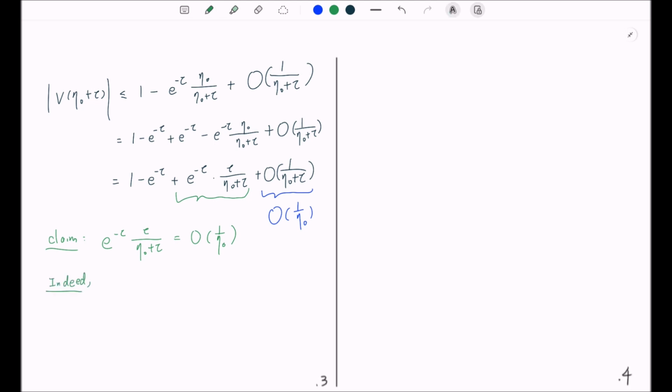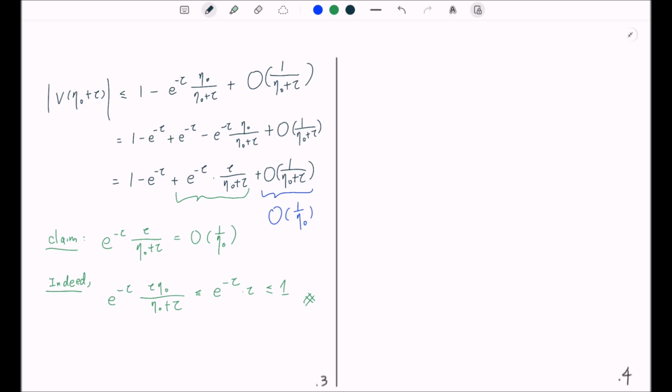To check this, we'll divide this term by 1 over eta naught, which means we multiply this guy by eta naught. This is a positive thing, and it is upper bounded by, we can throw away this denominator and become tau times eta naught divided by eta naught, which is tau. So this is upper bounded by e to the negative tau times tau. But this thing is always bounded by 1, which verifies this claim.